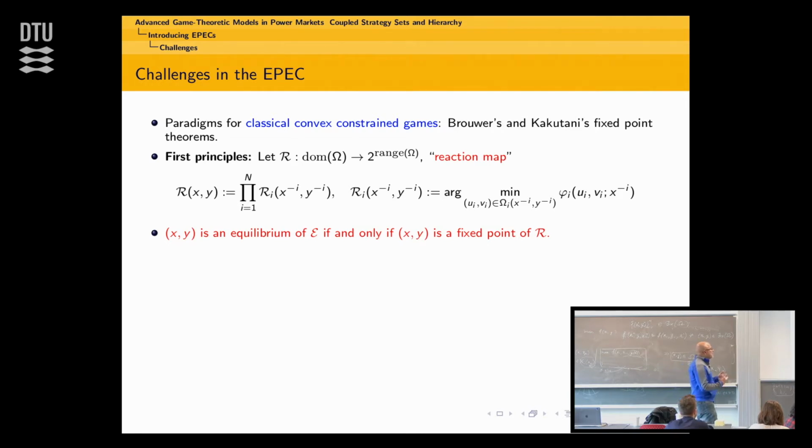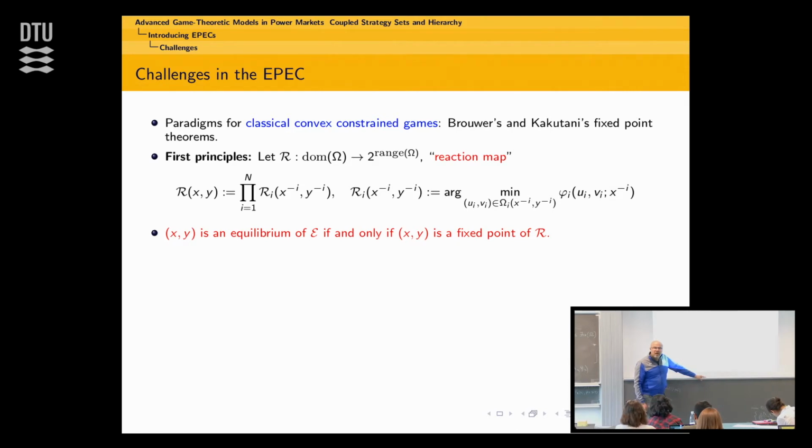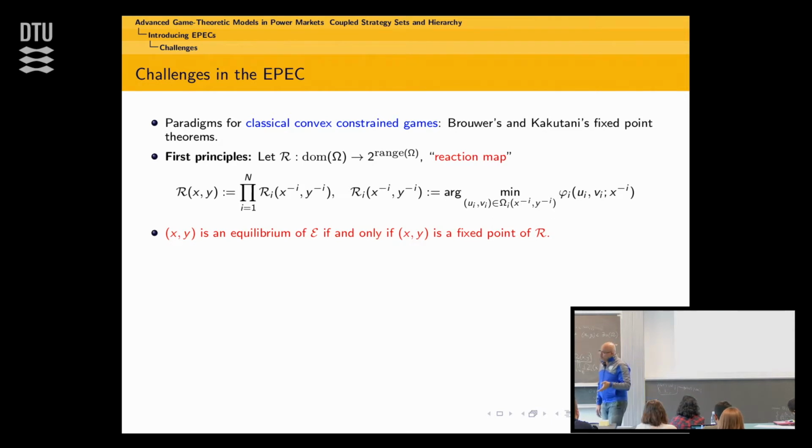The reaction map is also the best response map: given what everybody else is doing, what is the best thing to do? Now, if you're at a fixed point of the reaction map, you're at a Nash equilibrium. So now the question is, if you can analyze this reaction map from the standpoint of fixed point theory, then you have a hope.